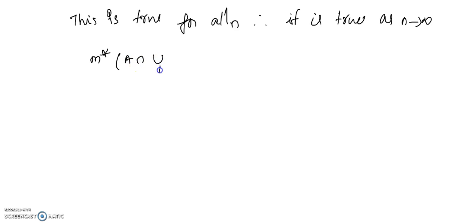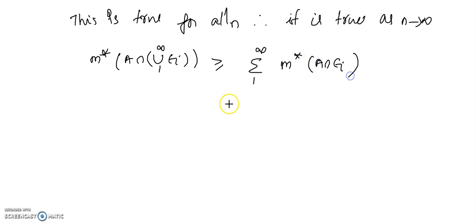So therefore it is true as n approaches infinity. Now let us take the limit n tends to infinity on both sides. So on the right side you are going to get n star of A intersection union 1 to infinity Ei, that will be greater than or equal to summation 1 to infinity n star of A intersection Ei.